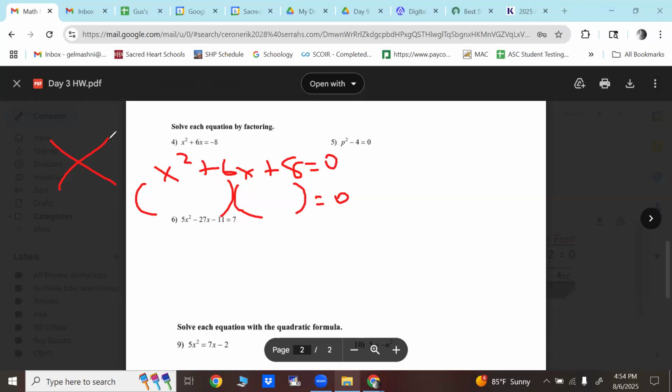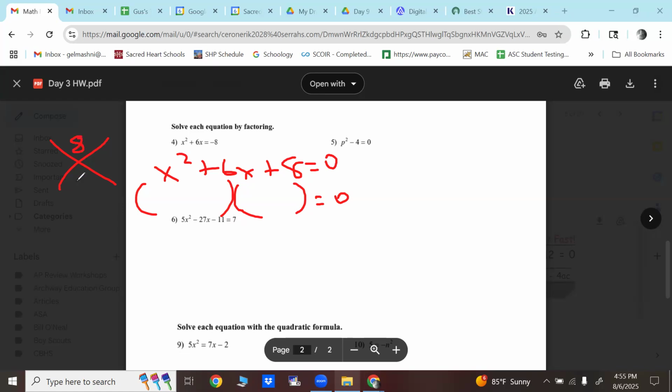Yeah, I remember. So do you remember what to put up top and what to put on the bottom? Do we put the x squared on the top? Or is that wrong? No, you put 8 up top.